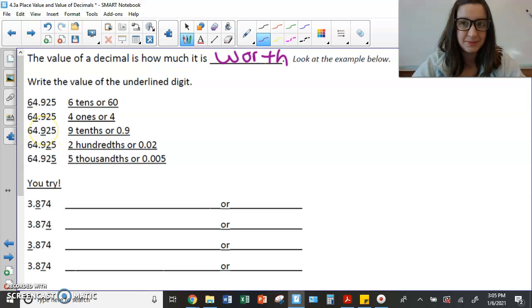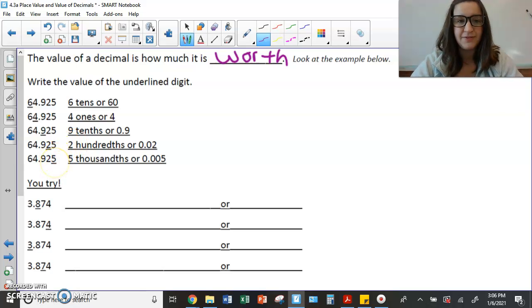This 9 is in the tenths place, so the value of this 9 is 9/10, or you can write 9/10 with a numerical value, which is putting a 0, a decimal point, and then a 9 in the tenths place. My 2 is in the hundredths place, so the value is 2 hundredths, which you can write in this word, or you can write it in numerical form, which requires you to put your decimal point and then to put a 0 in the placeholder of your tenths place to show the 2 in the hundredths place.